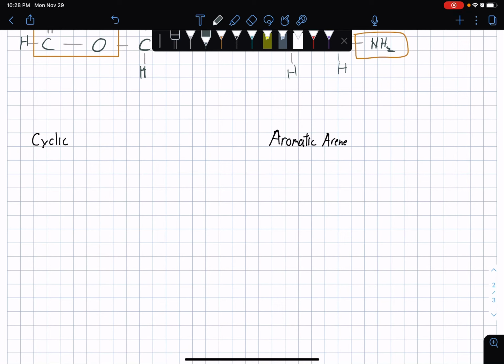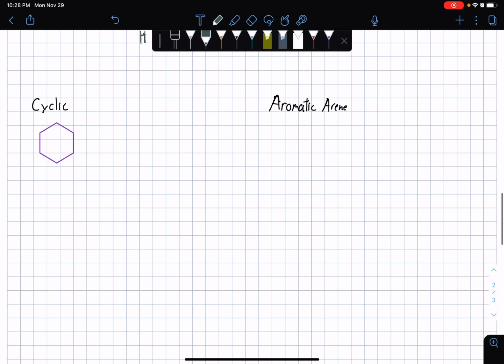So, for cyclic, basically our illustration is, if you've known about this specific snack called Piatos, this is where the hexagon comes in the picture. So cyclic basically has a single bond. As you can see in this hexagon, or this potato-like chip, there is no illustration like this.